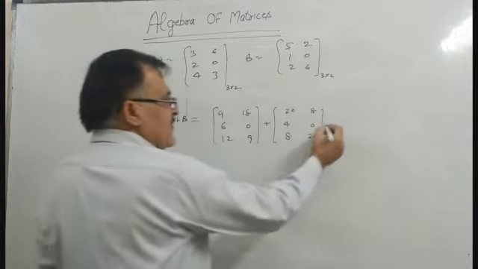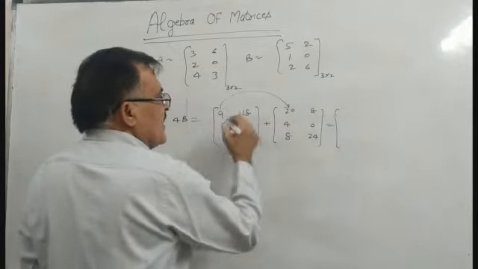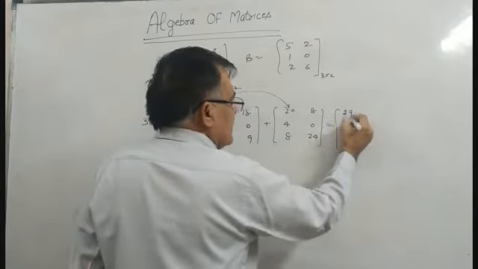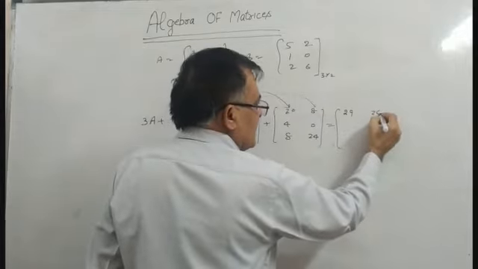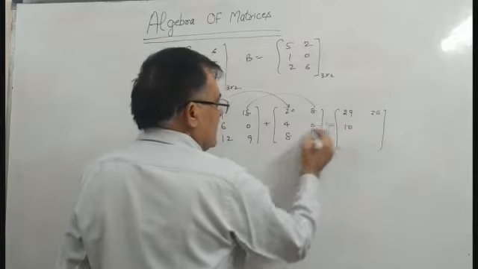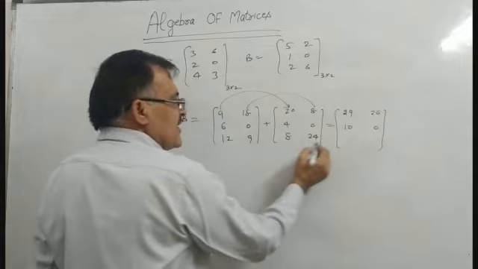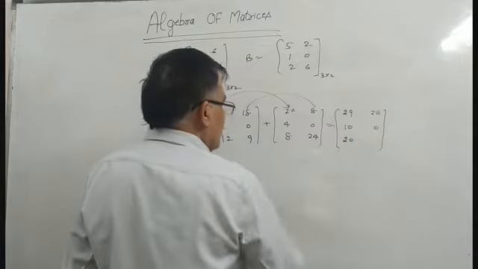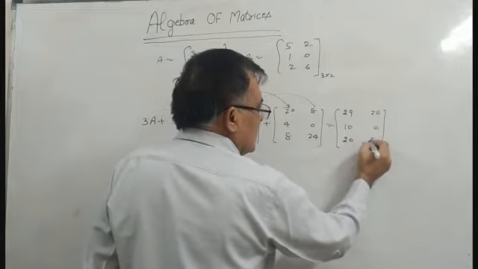Now we can add. 9 plus 20 is 29, 18 plus 8 is 26, 6 plus 4 is 10, 0 plus 0 is 0, 12 plus 8 is 20, 9 plus 24 is 33.